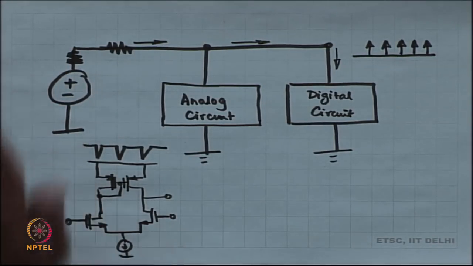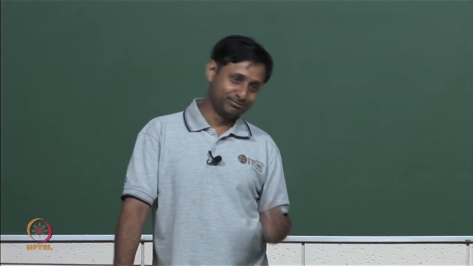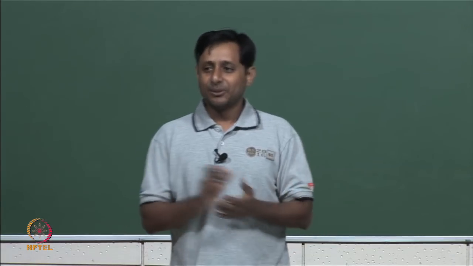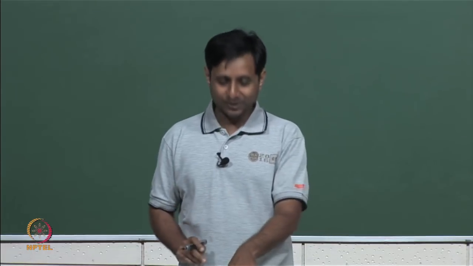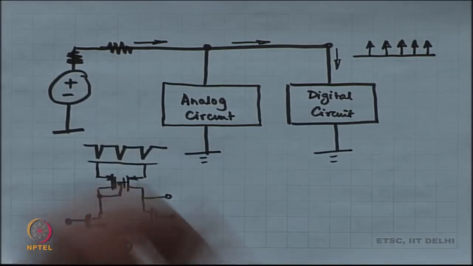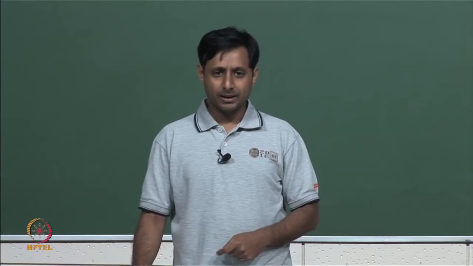What does Murphy say? Murphy says that if something can go wrong, it is going to go wrong. So, what typically happens is that this wire is not just resistive, it is also very inductive. Why is it inductive? Because it is a long thin wire. Okay.